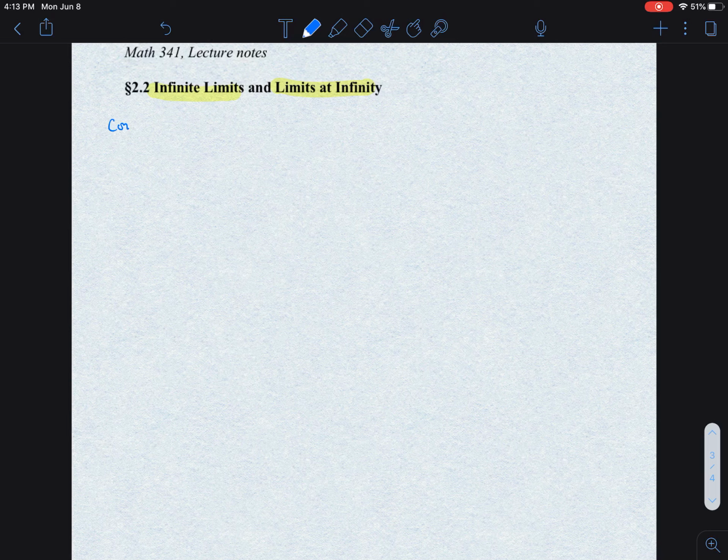Let's consider this function here. It's a rational function, 1 over x minus 1, and we want to explore the limit at x equal to 1.